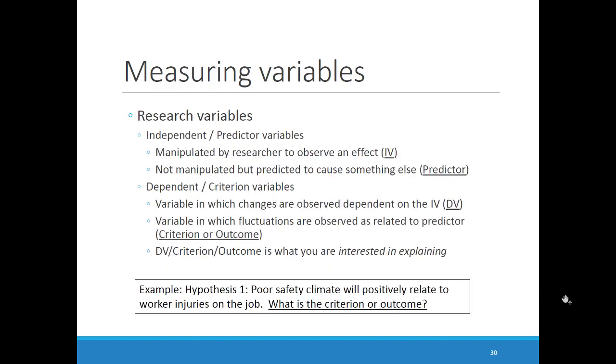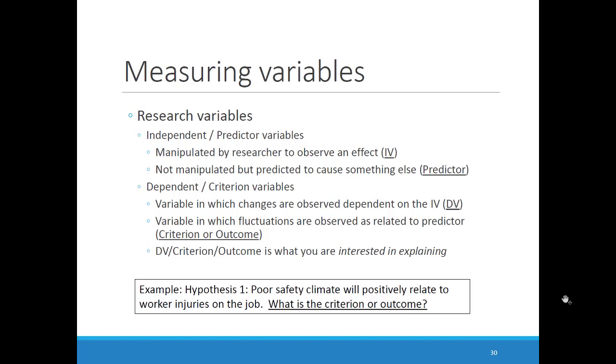Let's talk about different types of variables in research studies now. Independent or predictor variables are those that are manipulated by the researcher to observe an effect. This is typically referred to as an independent variable. Or they are not manipulated because they're not in an experimental design, but they are predicted to cause something else. So this is a predictor variable.